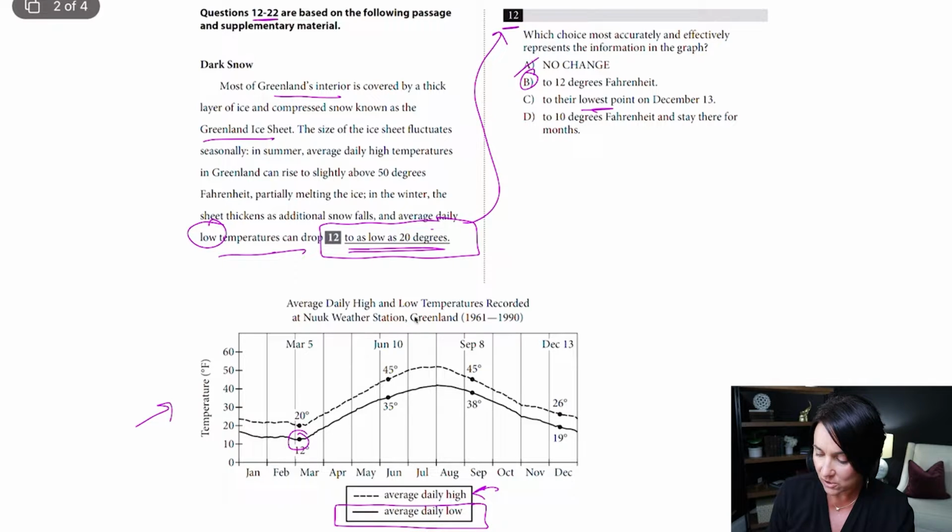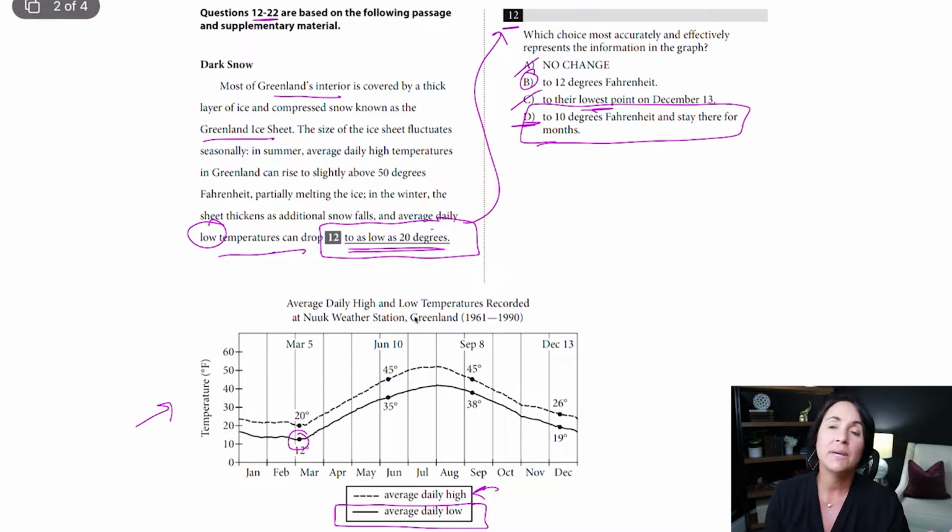To their lowest point, again, low, lowest, redundant, taking out. To 10 degrees Fahrenheit and stay there for months seems long. When you see something really long, be careful because usually the shortest answer in grammar is the correct answer because anything too wordy is usually not correct. And if we looked at that and checked it with the graph, we could see it only goes as low as 12. So D would be out. And so B would be the correct answer.